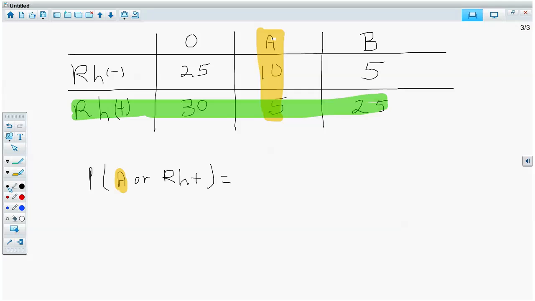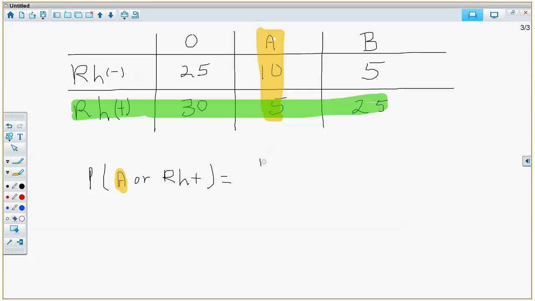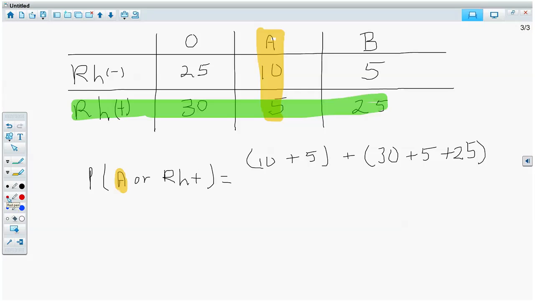All right, so that's going to be 10 plus 5 plus 30 plus 5 plus 25. Now I'll do my handy dandy red virtual pen and minus, what's the overlap?